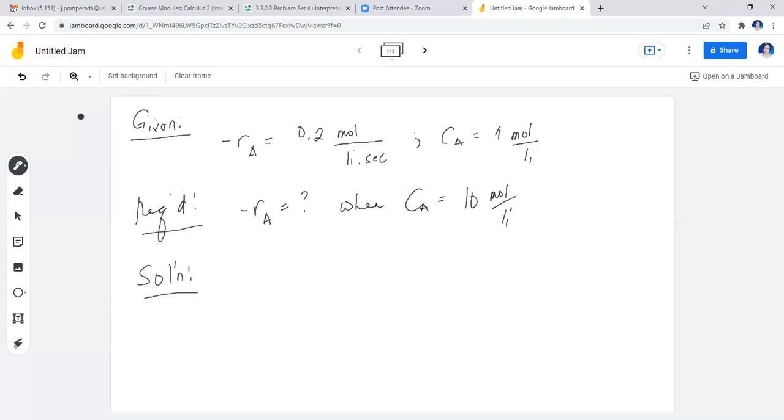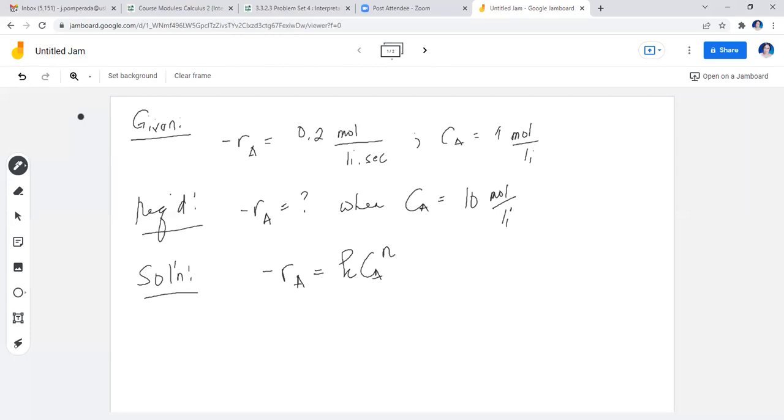If you're the one solving this problem, how would you start doing it? Do you have any idea? Okay, nobody, you're silent. Since you don't know the rate law, you don't know n, you don't know k, you write it generally.